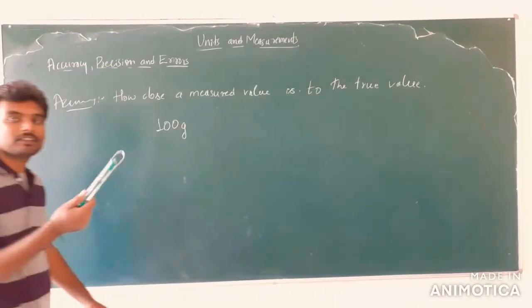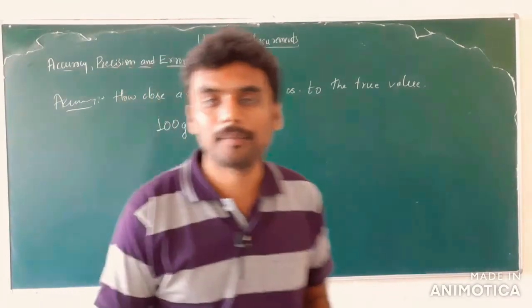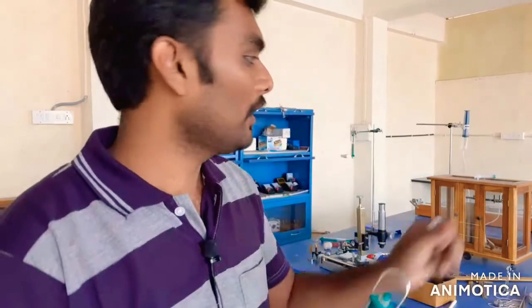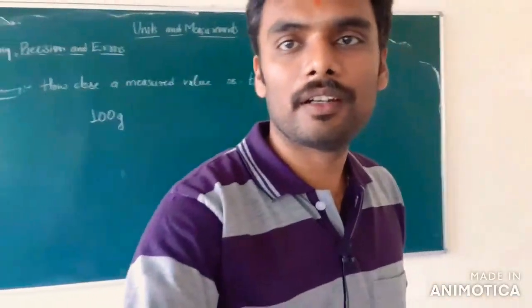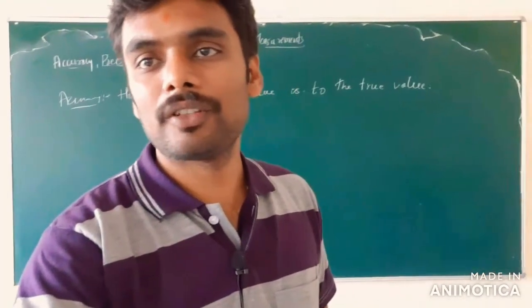So this is the spring balance, one like this, or a beam balance which will look somewhat like this. So this is the spring balance and this is the beam balance. So we have so many scales to measure the mass.